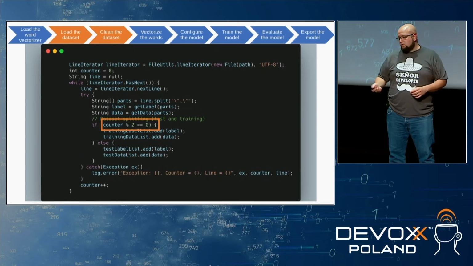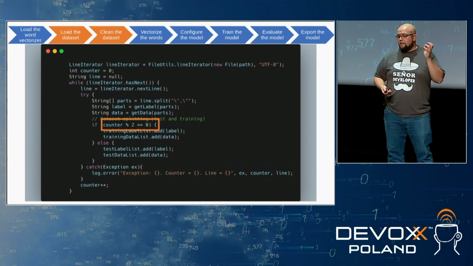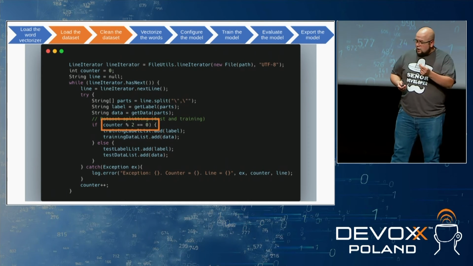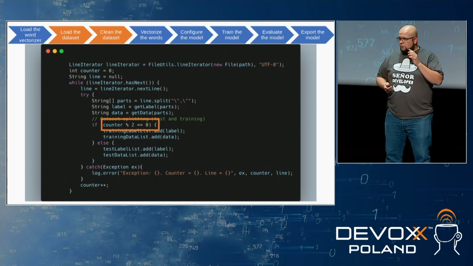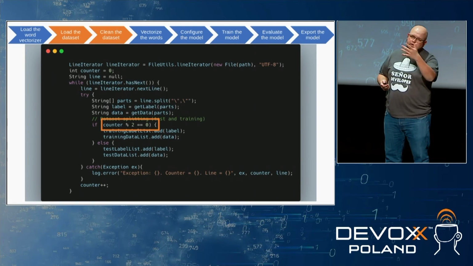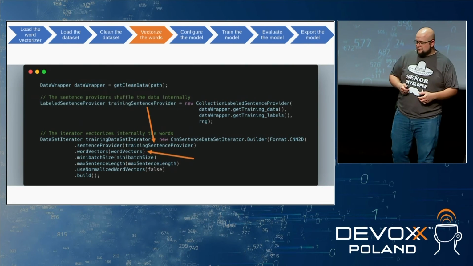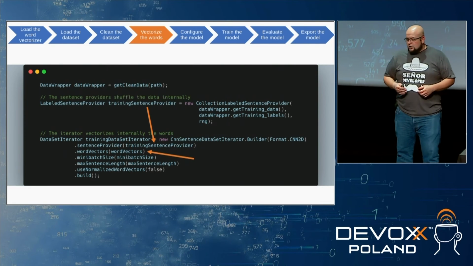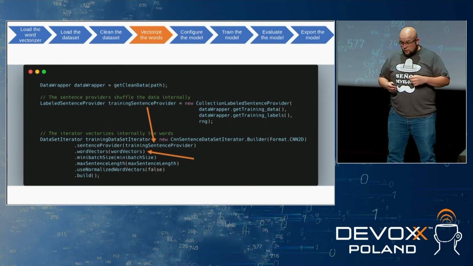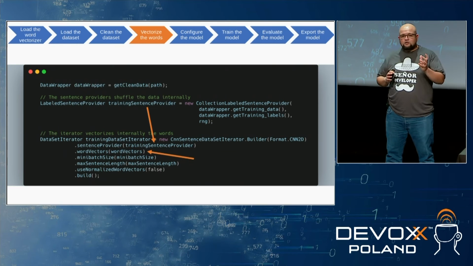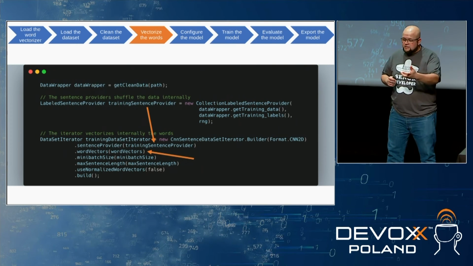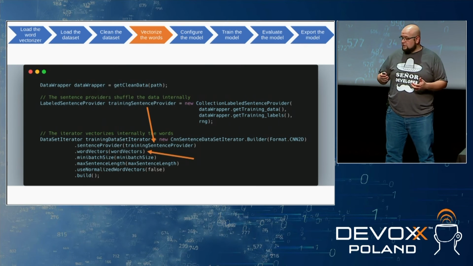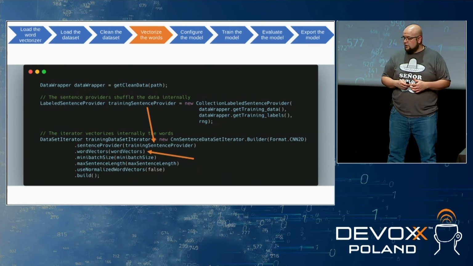And here, with this, you can see that we will have half of the data set for training, and then the other half for testing. So now, the next step is vectorizing the words, which is actually done behind the scenes by Deeplearning4j in this CNN sentence data iterator.